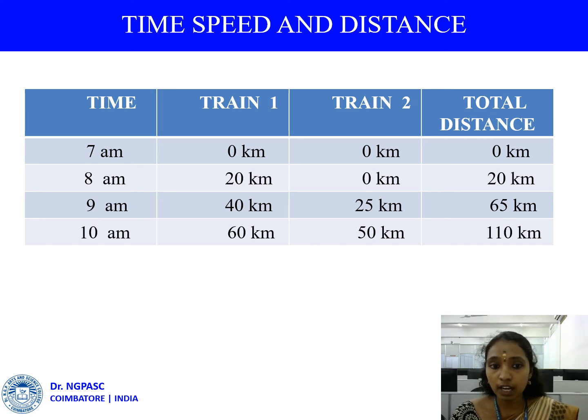From 9 a.m. to 10 a.m., train 1 covers another 20 kilometers, so 40 plus 20 is 60 kilometers, and train 2 covers another 25 kilometers, so 25 plus 25 is 50 kilometers. Adding these two distances, the total distance is 110 kilometers.